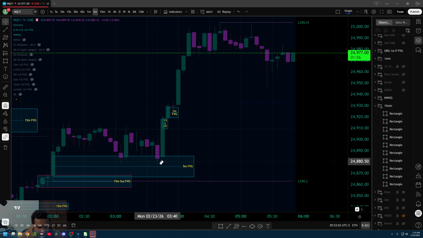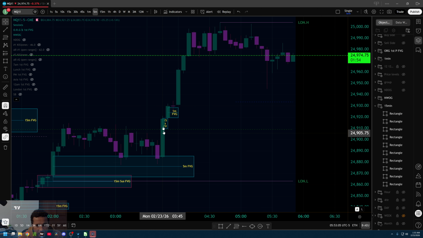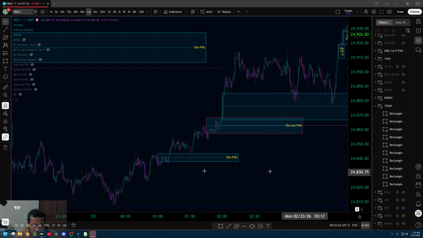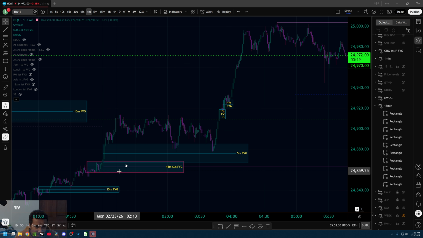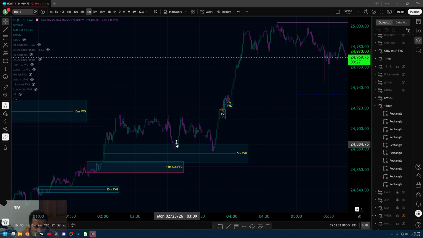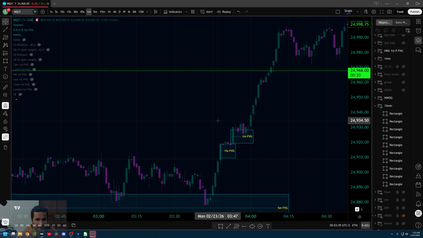If you did not take this entry on the lower time frames, here's the other two setups that form. On the 1 minute chart, here's that 15-minute fair value gap entry. 5-minute fair value gap comes up.